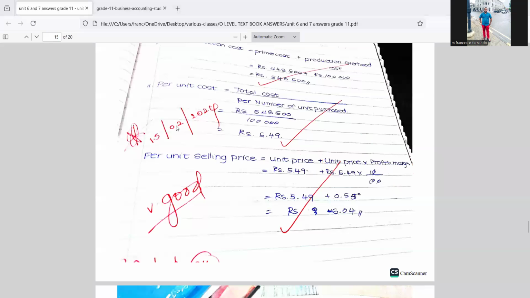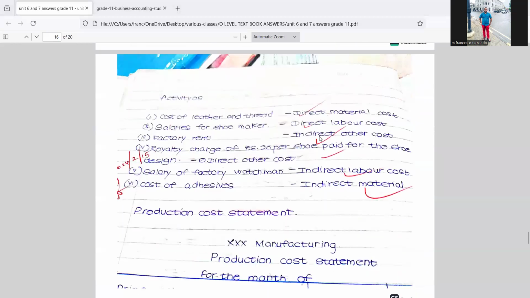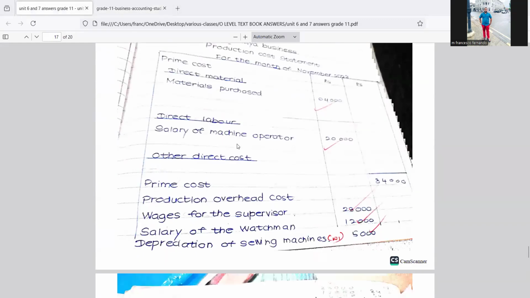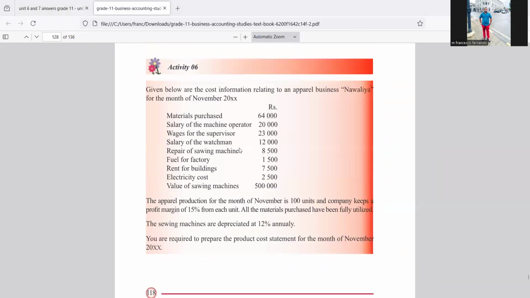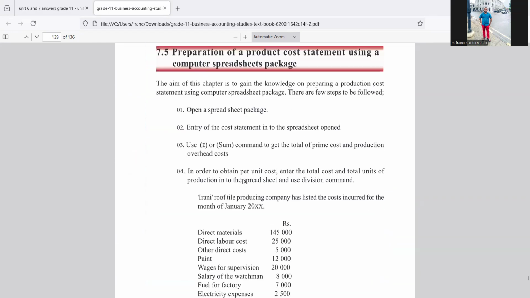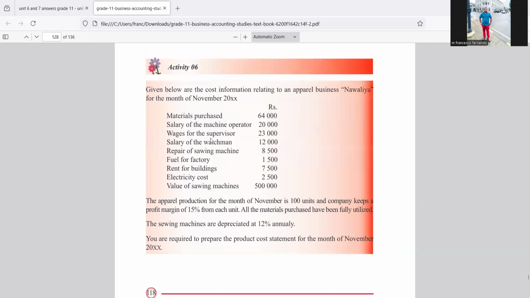Then activity 5 is easy. You need to categorize whether it is direct or indirect, and this is the answer. Then when it comes to activity 6, you are being asked to prepare a production cost statement.